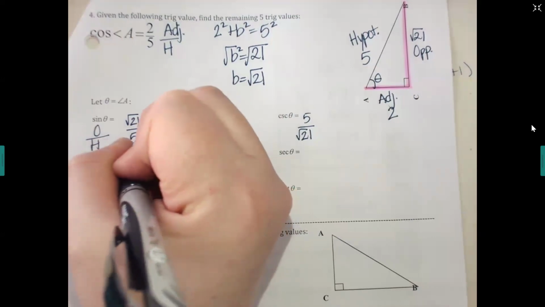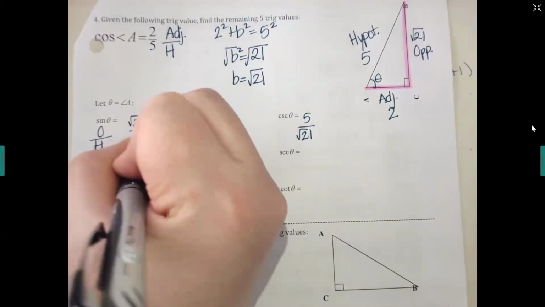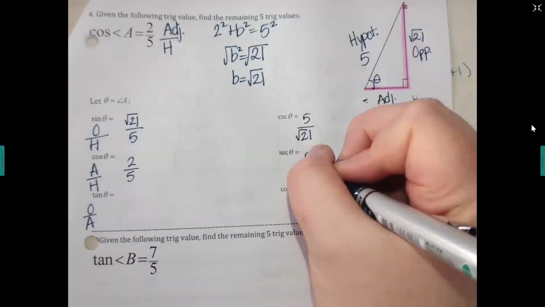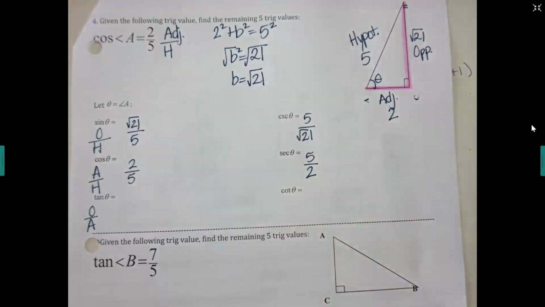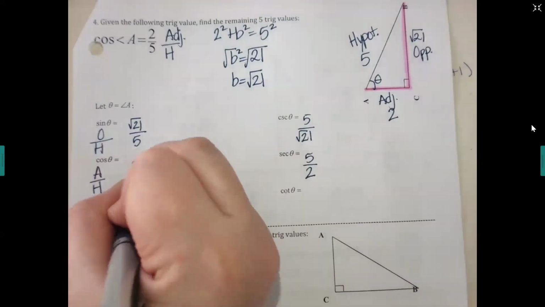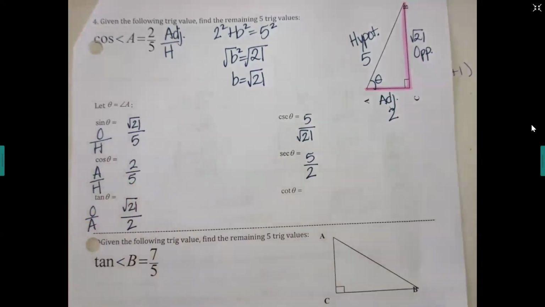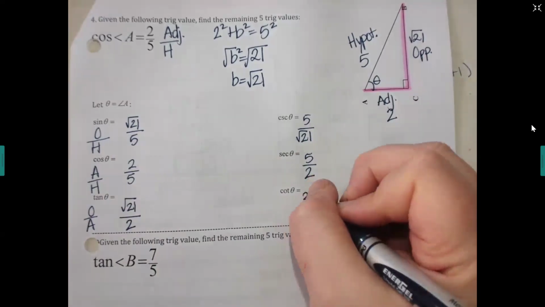With numbers. 2 over 5. Which means that SEC will be what? 5 over 2, because remember, they're reciprocal partners. That means you just flip it. Okay, and then last one, O over A would be root 21 over 2. That tells me that for cotan, I would just flip that and do 2 over root 21.